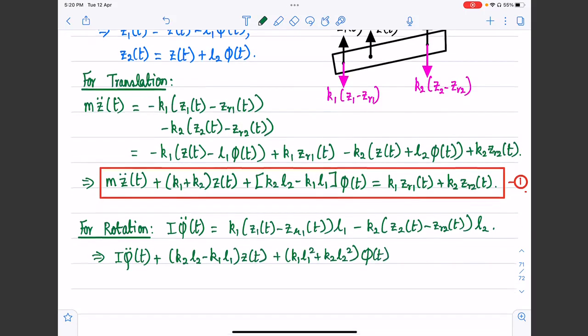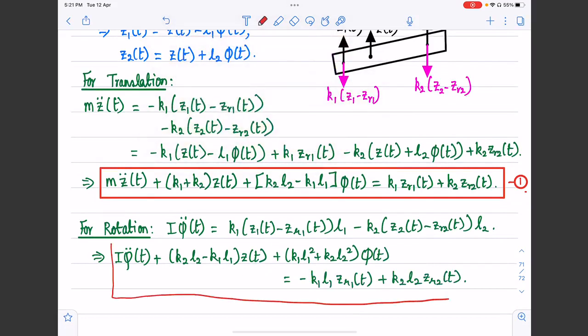Please bear with me, it's a rather long equation. That's going to be equal to minus k1 L1 zr1(t) plus k2 L2 zr2(t). Okay, so this is going to be the equation of motion for rotation.